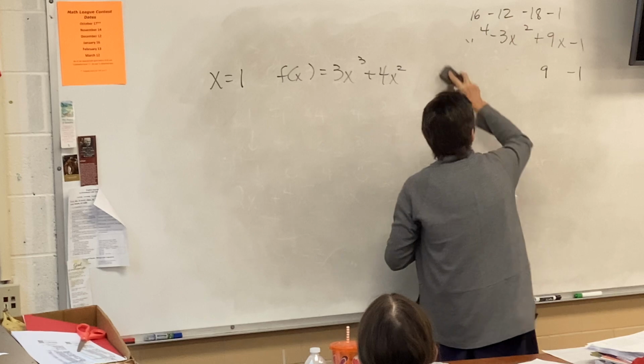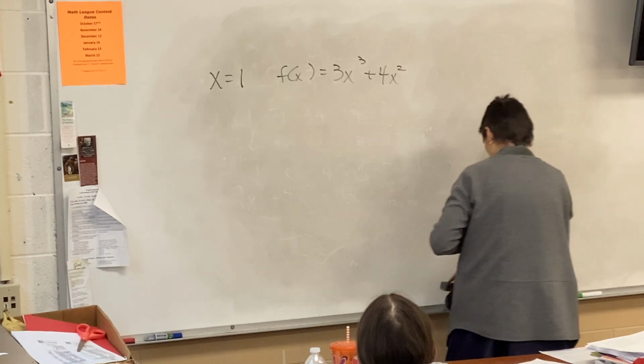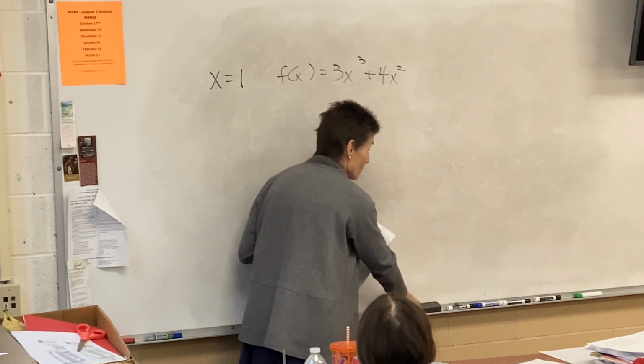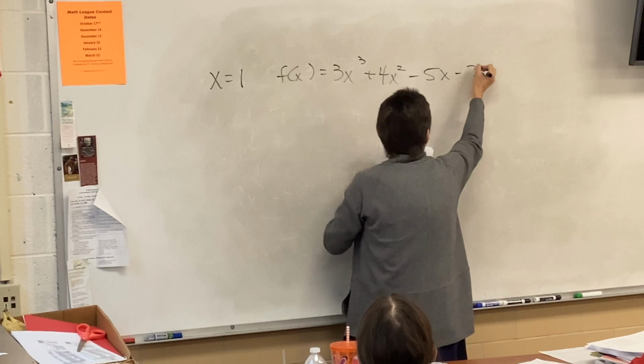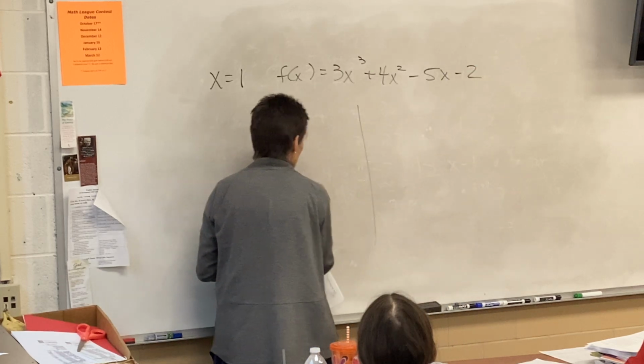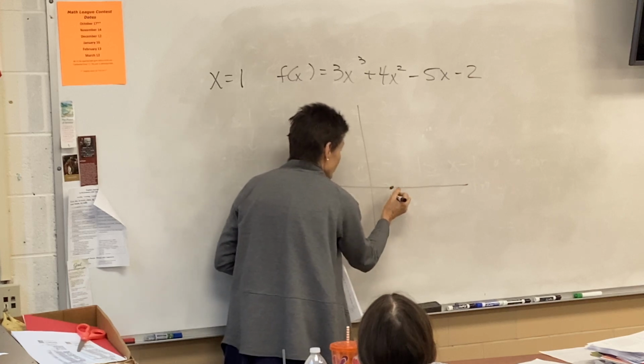What's it mean to be a 0? Where do I see zeros, or where do I put zeros? On the x-axis, that's exactly right. So whatever this thing is, I know it has a 0 at 1.